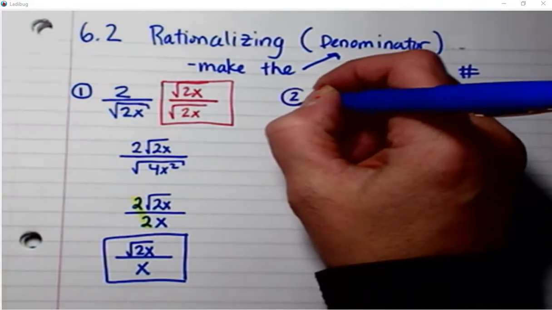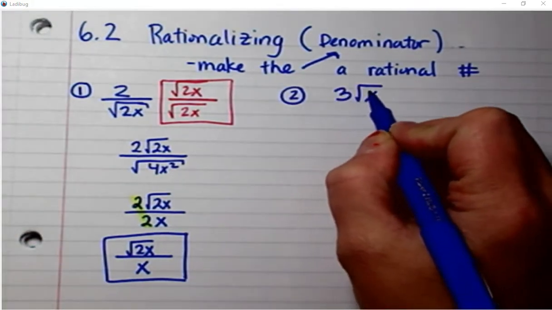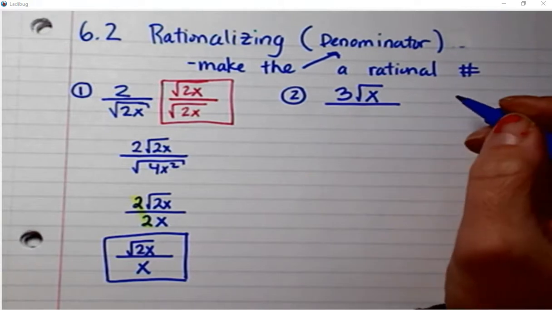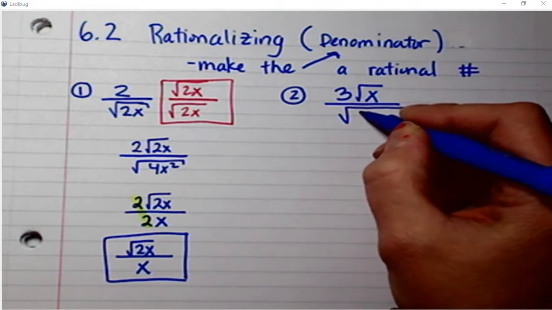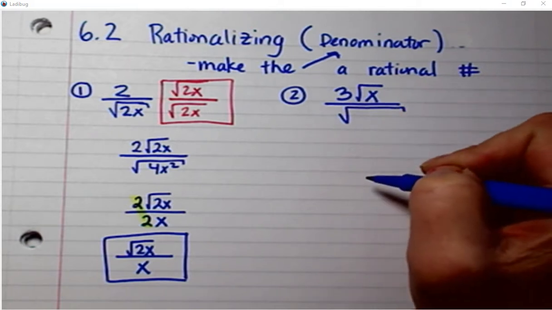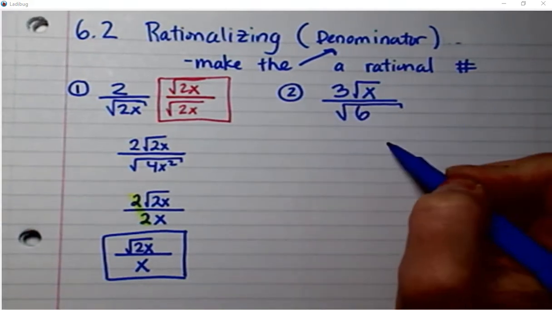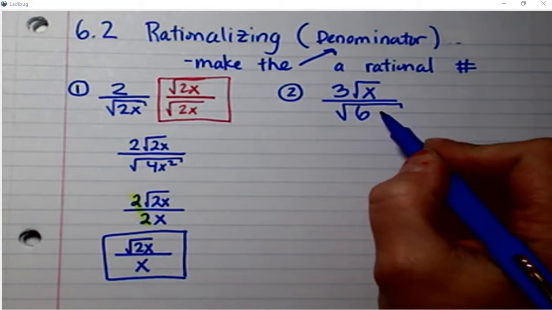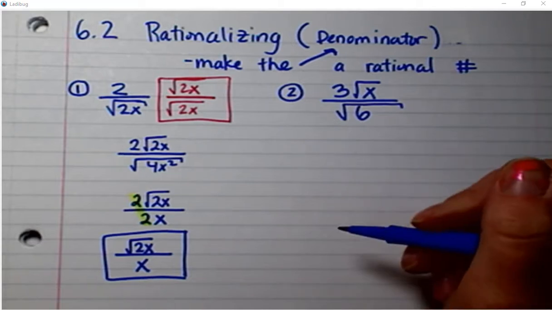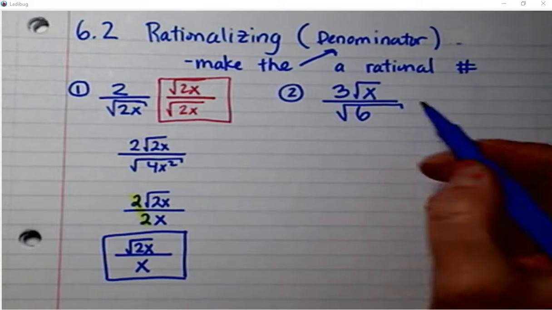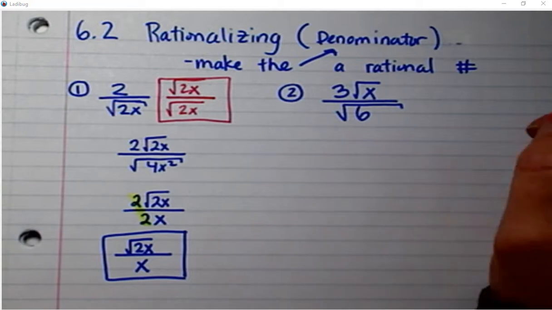Okay. Next example: 3 root x over the square root of 6, and I need a variable with a power.